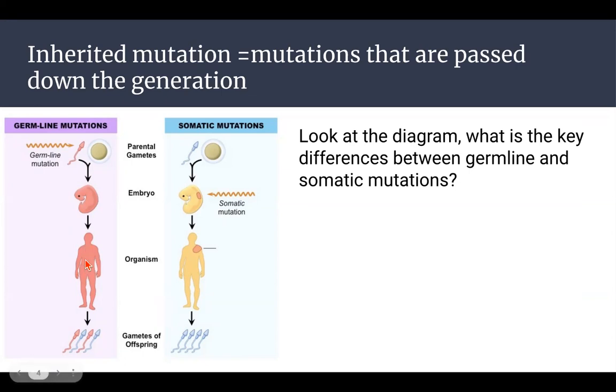When that human is going to produce eggs or sperm for the next generation, mostly half of the sperms or half of the eggs are going to also carry that mutation. Whereas in somatic mutation, the sperm and the eggs are completely normal. The embryo or the organism itself actually acquired it during their lifetime.